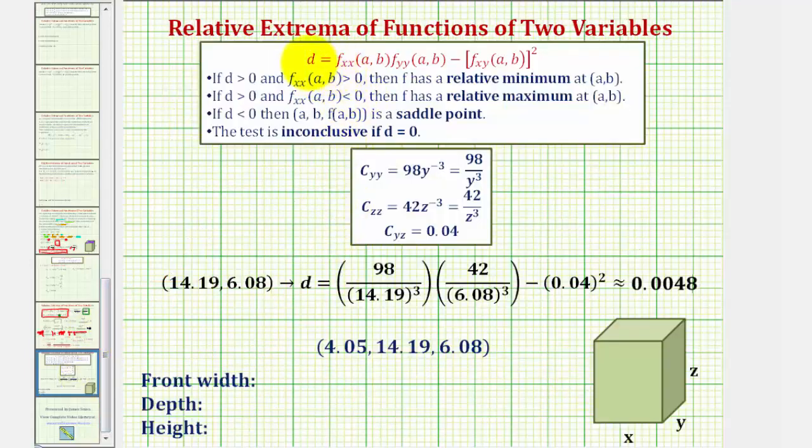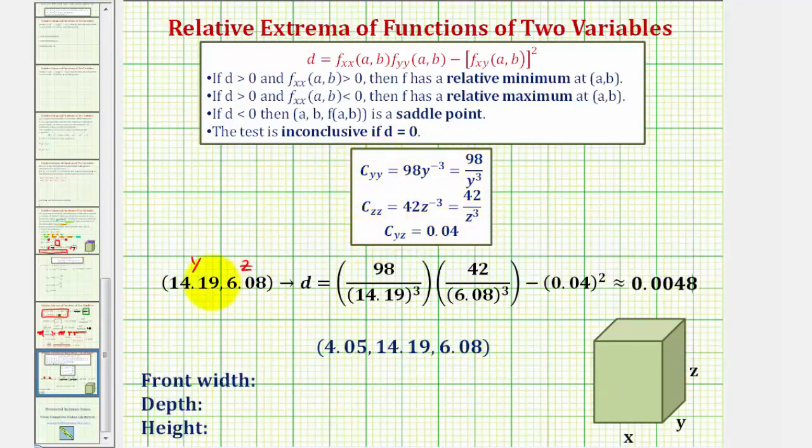Meaning we'll use this formula here for d and the values of the second order partial derivatives to determine whether we have a relative max or min at this critical point when y is approximately 14.19 and z is approximately 6.08. Here are the second order partials that we found earlier.